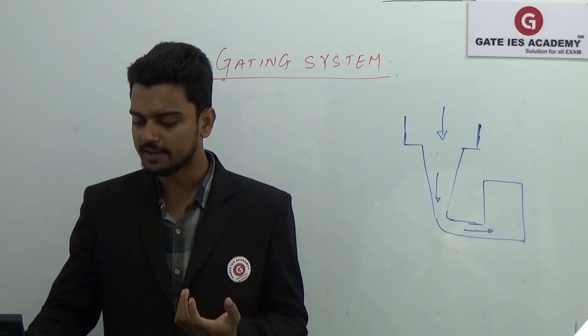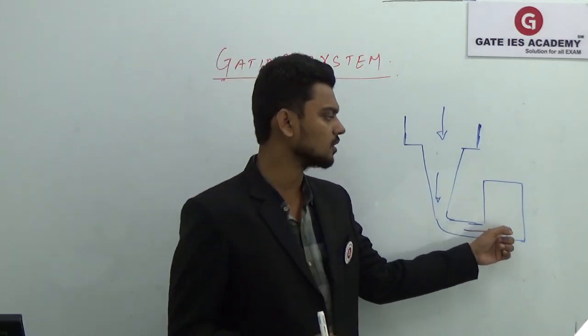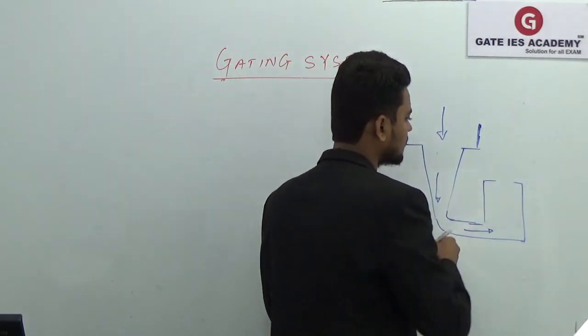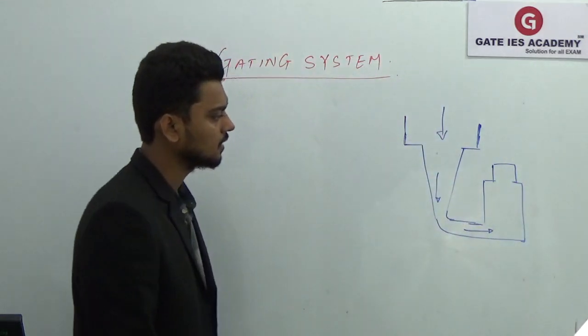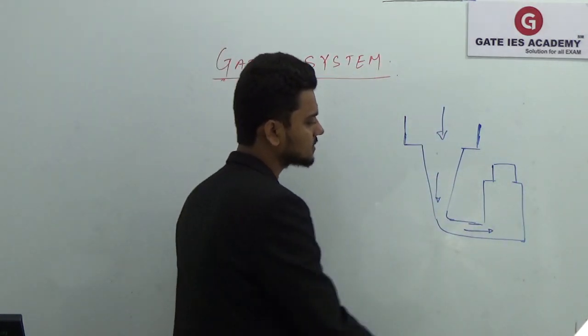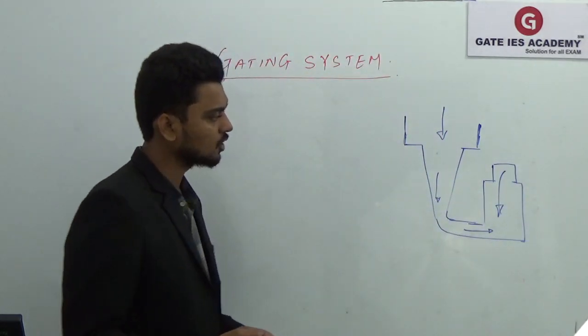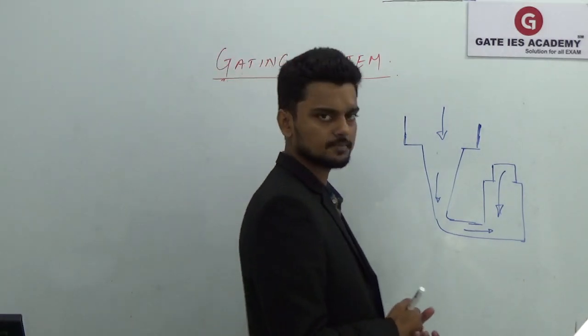The hot molten metal will be present at the bottom. So if you have the riser at the top in a bottom gating system, obviously this riser will not be able to feed the extra molten metal into the cavity during shrinkage.